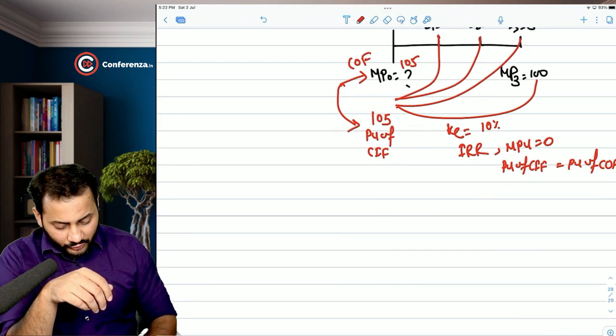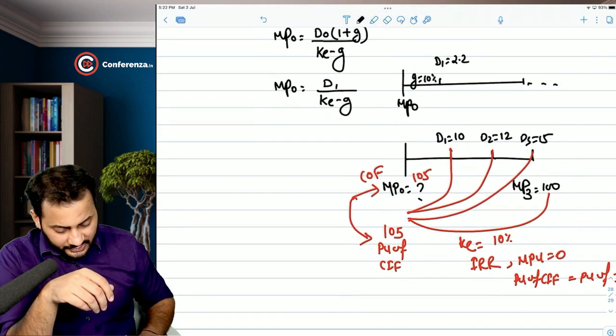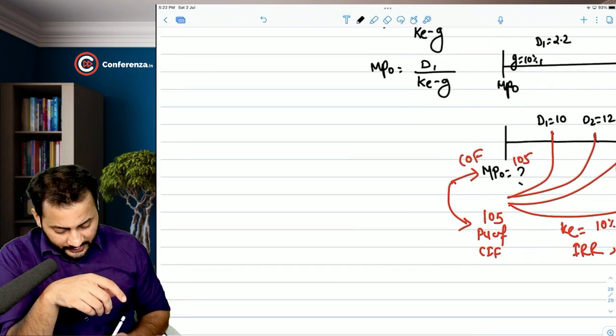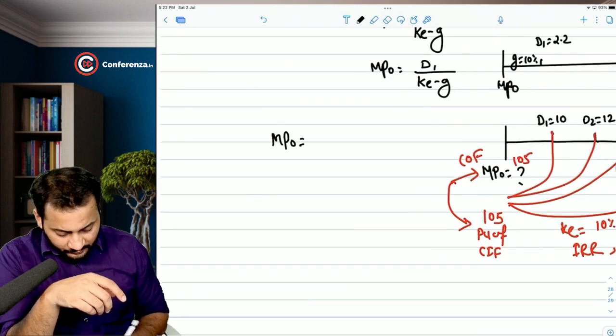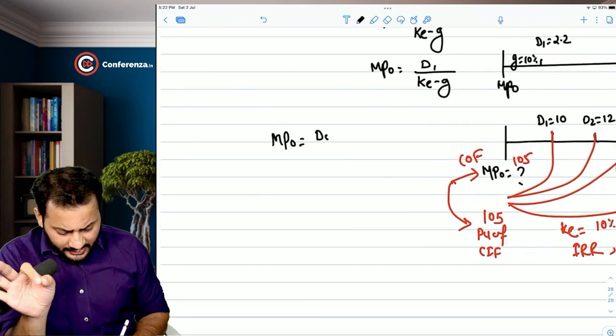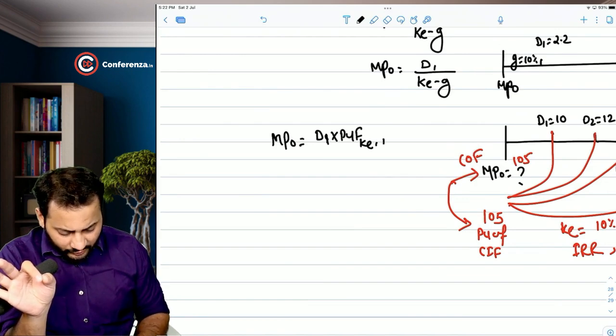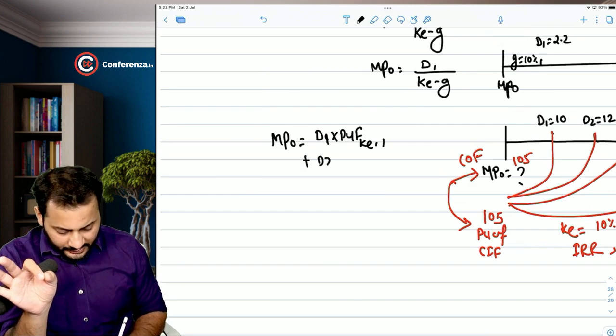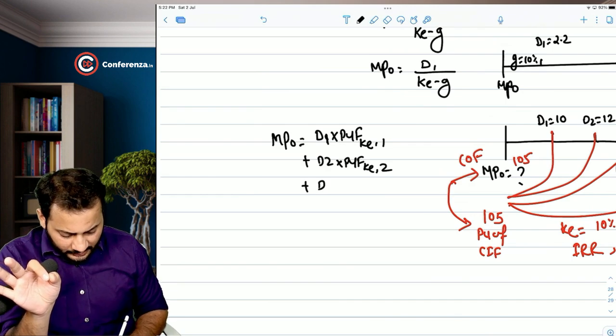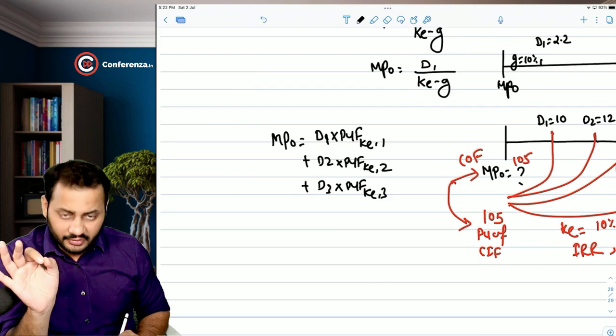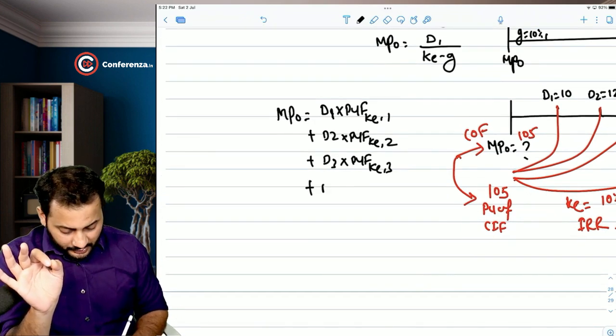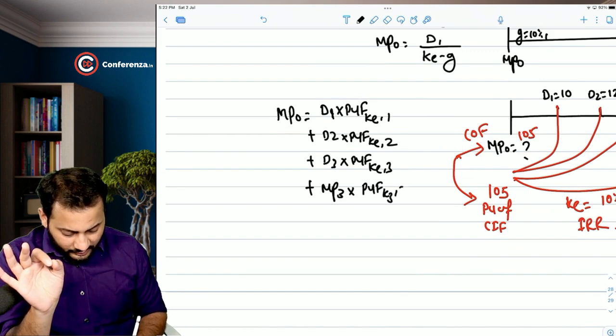Okay, if we want to formulate this situation, how can we write down the market price today? It's very simple, sir. D1 into present value factor at KE for first year plus D2 into present value factor at KE for second year plus D3 into present value factor at KE for third year plus MP3 into present value factor at KE for third year.